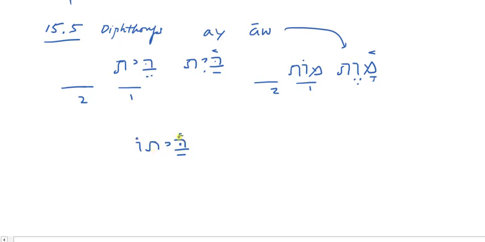I'm going to lose the stress up here at the front, and I'm going to get contraction of the I, which is going to become A. And so that's going to look like this. Beit becomes beito with the pronominal suffix. So that's his house. My house, Beit with a kirik yod, Beiti. My house.